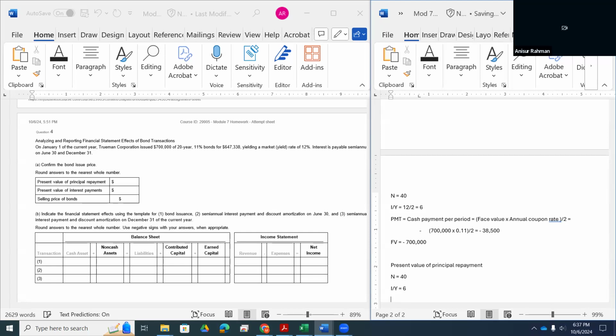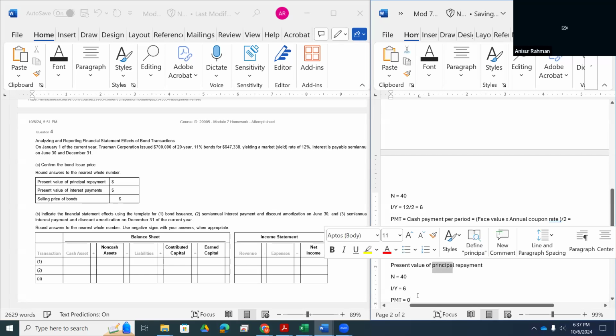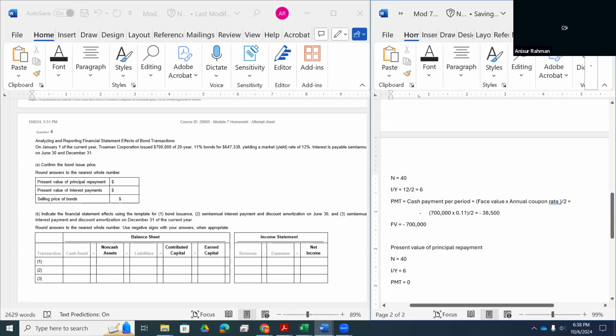Our payment is equal to 0 because we are focusing only on the principal. And then our future value is equal to negative 700,000.